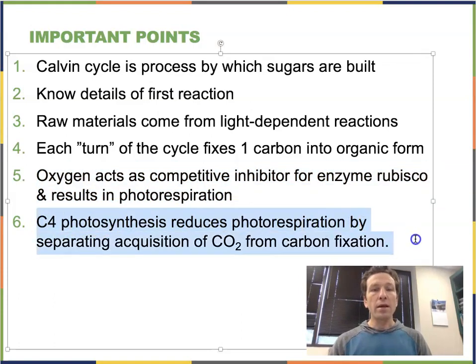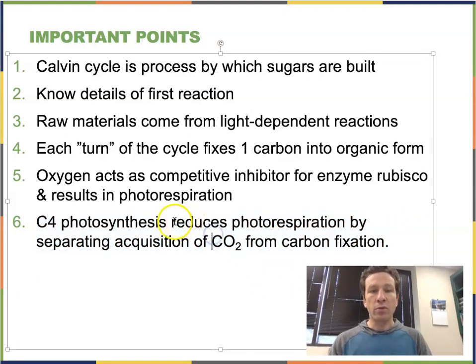And finally, some plants, especially those that occur commonly in hot, dry environments, can do an alternative process called C4 photosynthesis, which separates the initial capture of carbon dioxide from the Calvin cycle. And as a result, it is able to reduce photorespiration by separating these two processes.